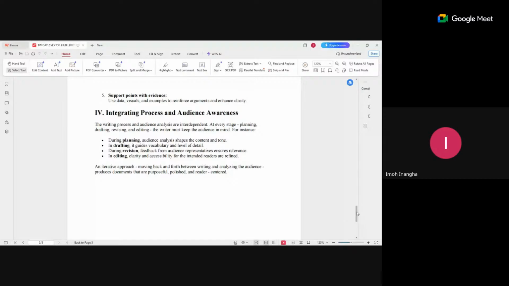Take note. An iterative approach, moving back and forth between writing and analyzing the audience, produces documents that are purposeful, polished, and reader-centered.